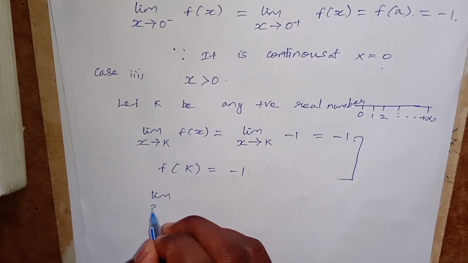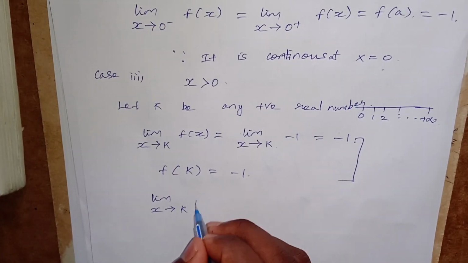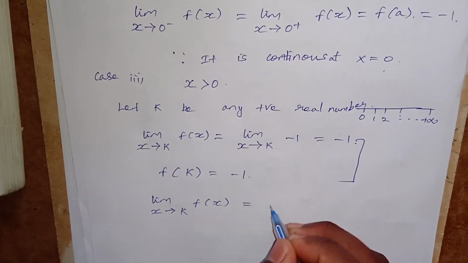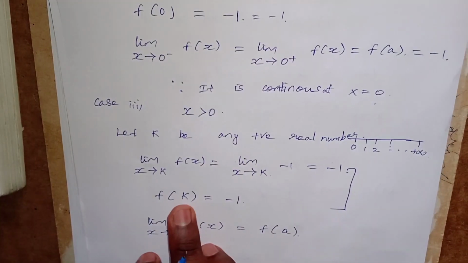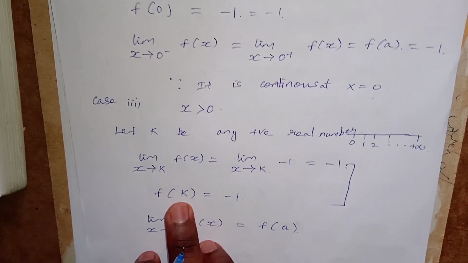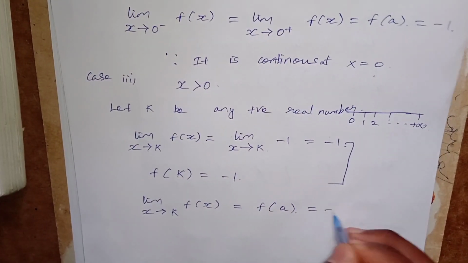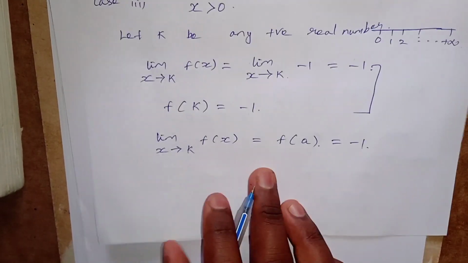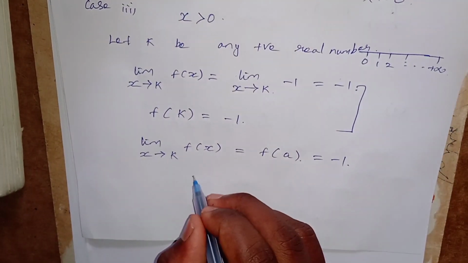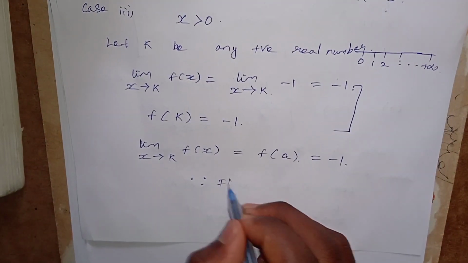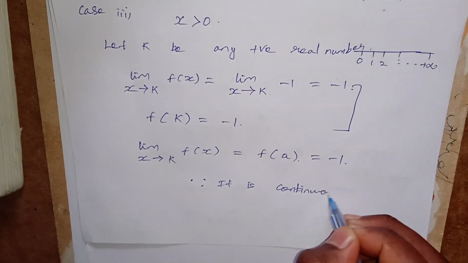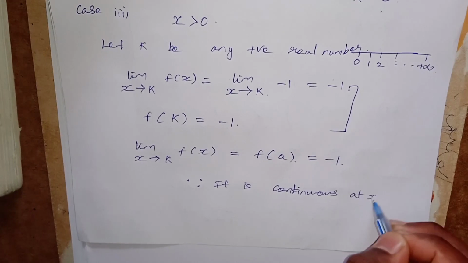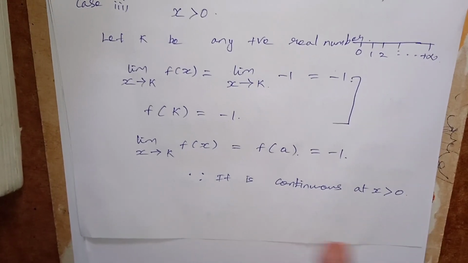Limit x tends to k of f of x is equal to f of a. F of a is, for greater than 0 where I am taking k, equal to minus 1. Finally it is satisfied, therefore my given function is continuous at x greater than 0.